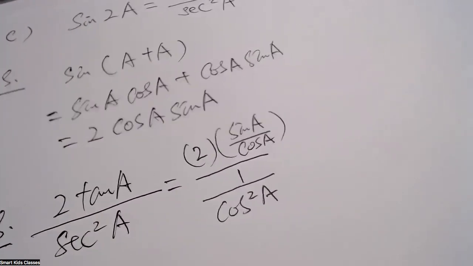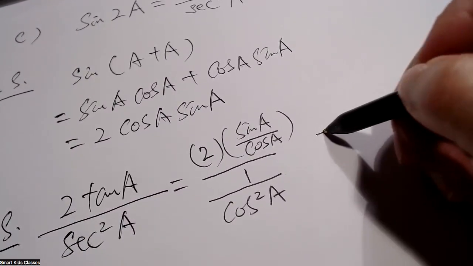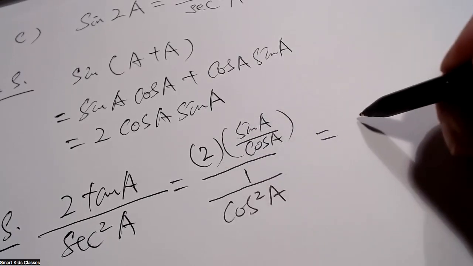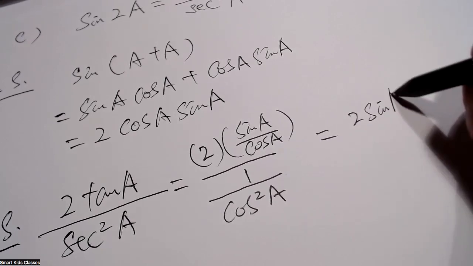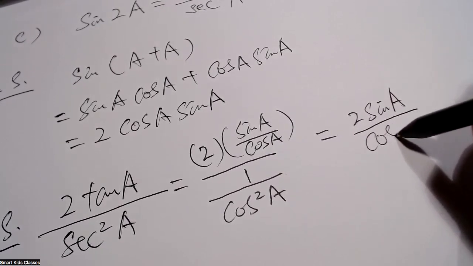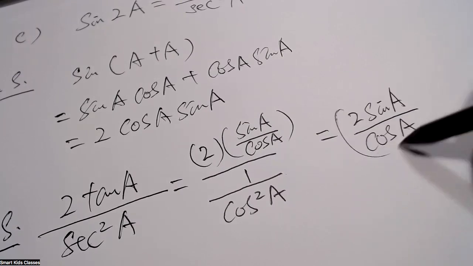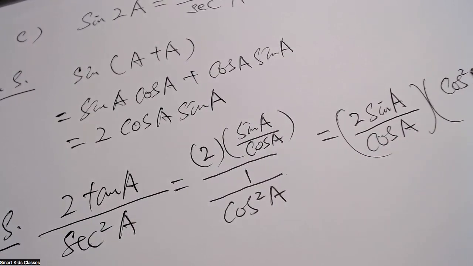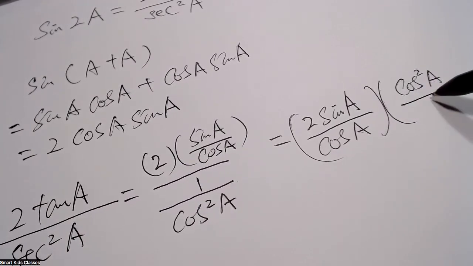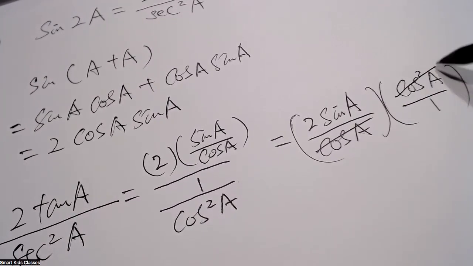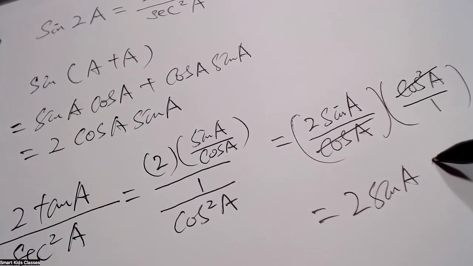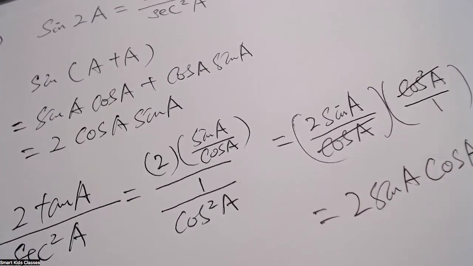Now we make it a horizontal calculation: 2 sine a over cosine a, divided by 1 over cosine squared a. So we do the reciprocal: cosine squared a over 1. We cancel, and what we're left with is 2 sine a cosine a.